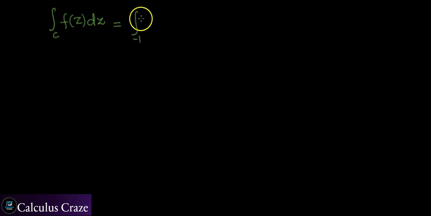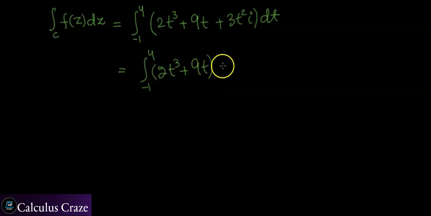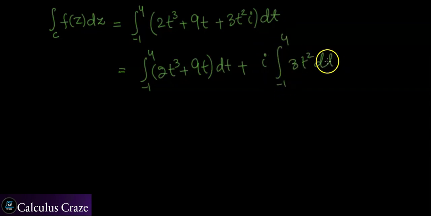And my integral over the contour of f of z dz is going to be equal to the integral from -1 to 4 of 2t cube plus 9t plus 3t square iota dt, which can be written as the integral of the real part plus the integral of the imaginary part.